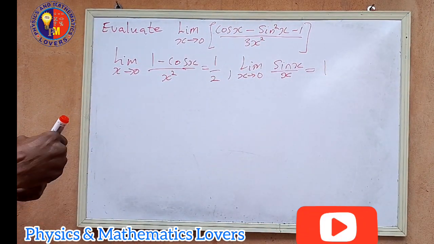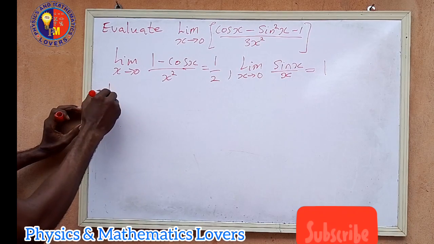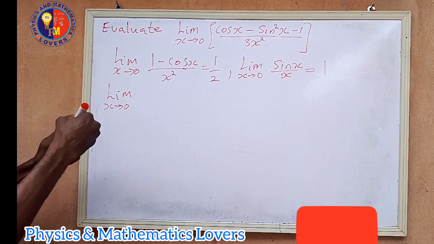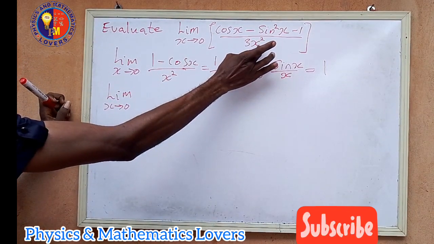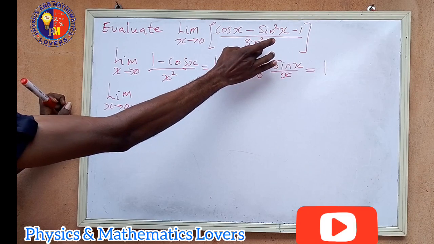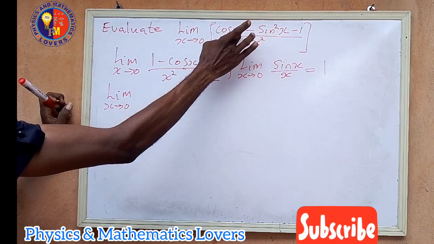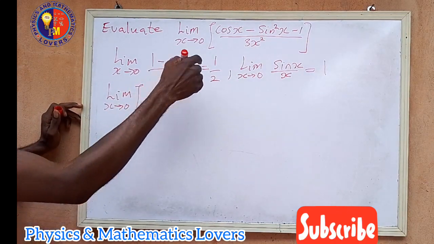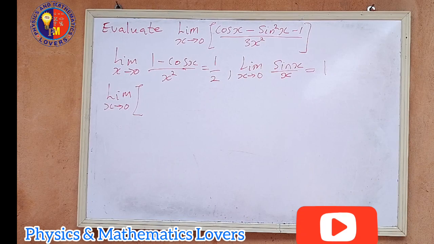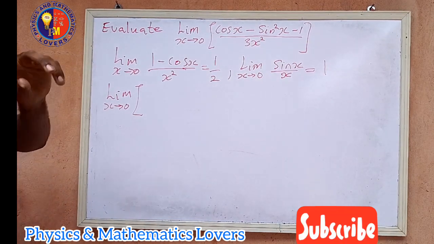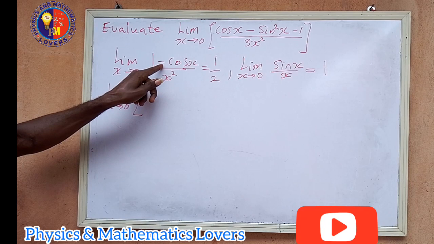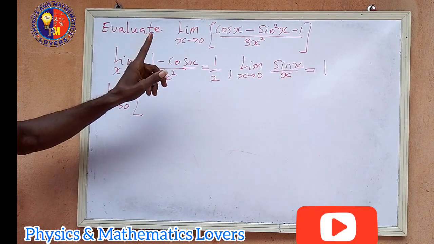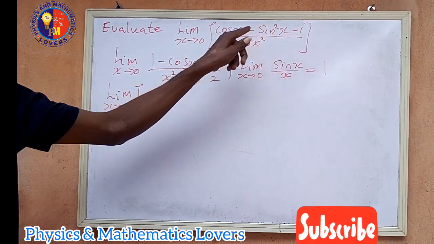So our solution will become like this. I will now take the limit as x tends towards 0. Remember, when we have something like this, it is a common denominator, which means it's dividing both this and this. Now let me show you one or two things here. I want to achieve something like 1 minus cos x here. So whatever I want to do, I want to relate this 1 and this cos x here.